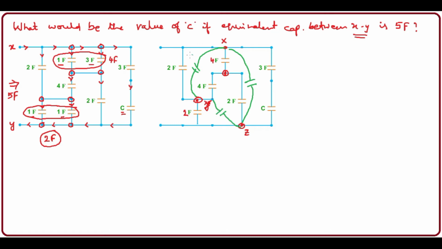If I have converted this, the delta elements may be R1, R2, and R3, for example.